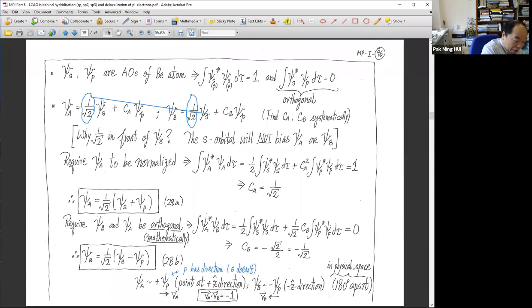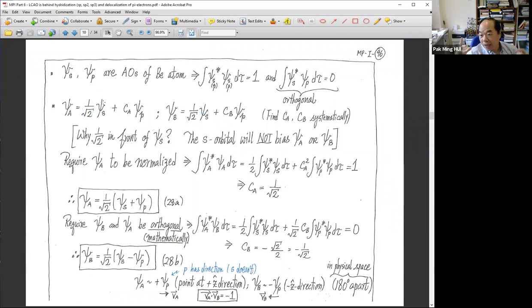Easy. If you are doing sp3, there will be 4 sp3 hybridized states. The s will be evenly donated to the 4, so the s coefficient will be 1 over square root 4 in sp3 hybridization.